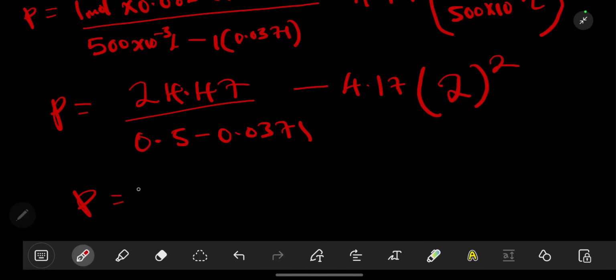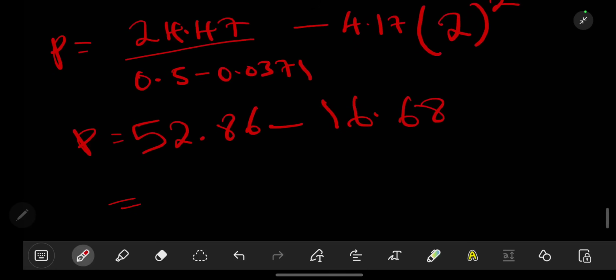This is going to give us 52.86, minus 4 times 4.17. This is going to give us 16.68. If we subtract 52.86 minus 16.68, this is going to give us 36.18 atmospheres. So that is how we answer that.